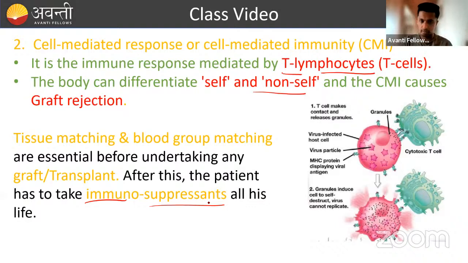These immunosuppressors reduce the ability of our body to fight against the graft it has received. Thereby, it will slowly adapt to the patient's body and finally get accepted. One way to allow the graft to be accepted is by giving immunosuppressants.